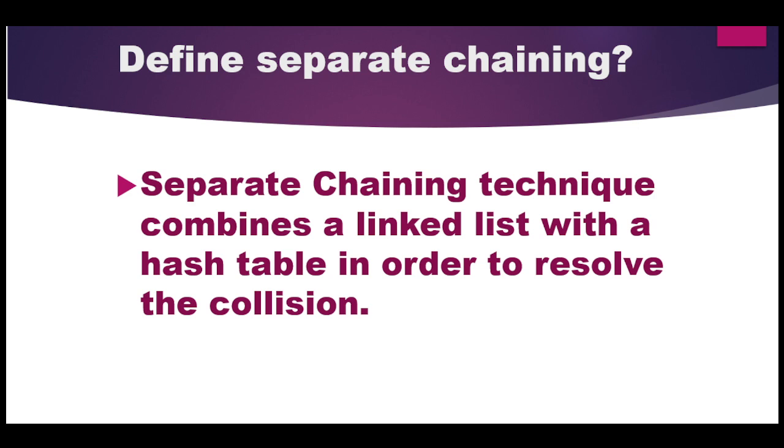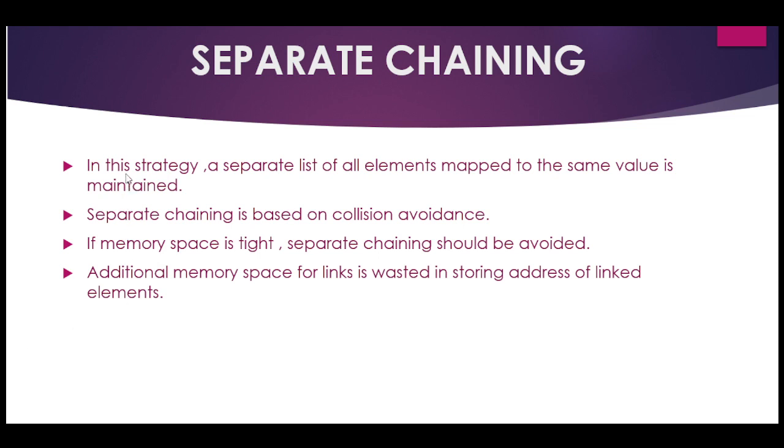Define separate chaining. Separate chaining technique combines a linked list with a hash table in order to resolve the collision. This is the definition of separate chaining. Separate chaining is a strategy where a separate list of all elements mapped to the same value is maintained. Separate chaining is based on collision avoidance.